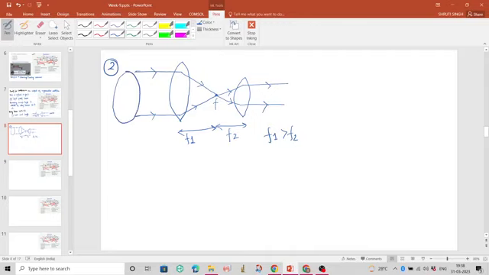After going through this pair of lenses, the beam diameter got reduced. We have packed the same energy in a smaller diameter beam.